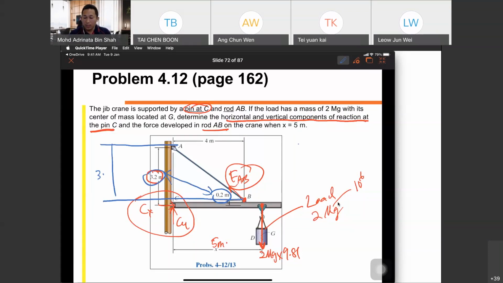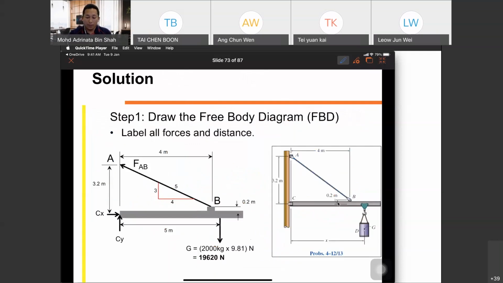So the triangle is 3, 4, and this is 5. So here 3, 4, 5. Right.